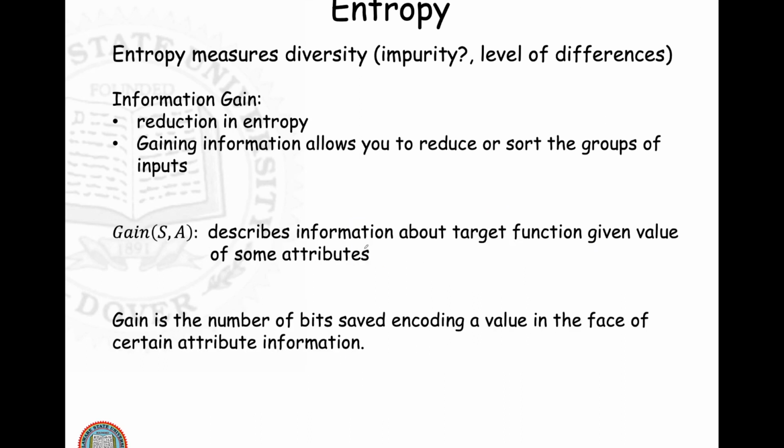All right, and so this information gain describes the information about the target function, about that class label, given a value of some of the attributes. And this gain is the number of bits that you save when you encode a value in the face of certain information from your attribute. And it's that reduction in the number of bits that you need.